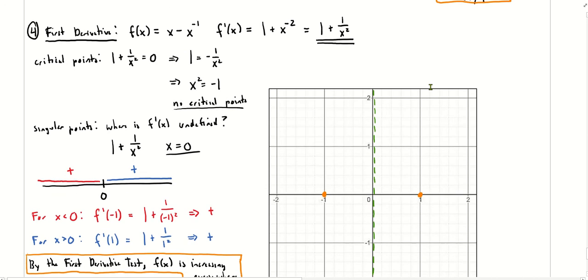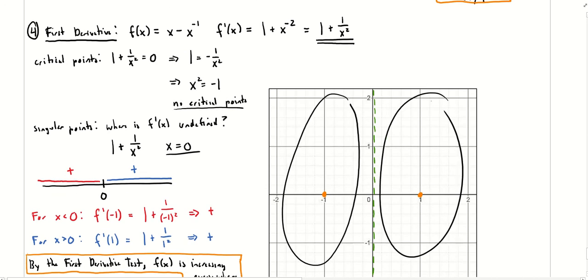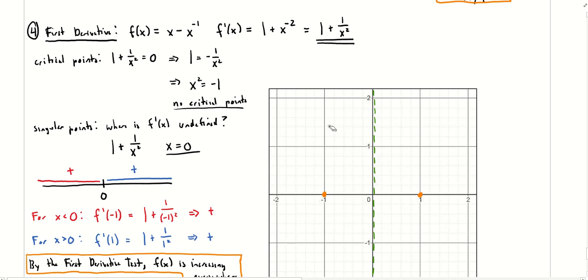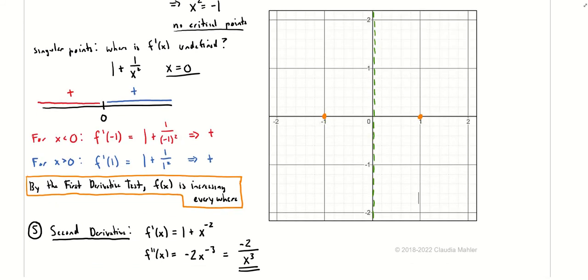Okay, so we know that basically we're going to have two contained pieces of this function, one on the left of that vertical asymptote and one on the right. So let's see what else we can get from this information to draw our function.